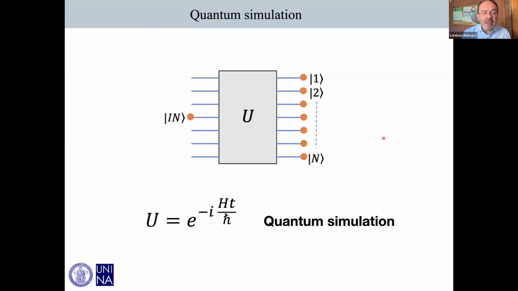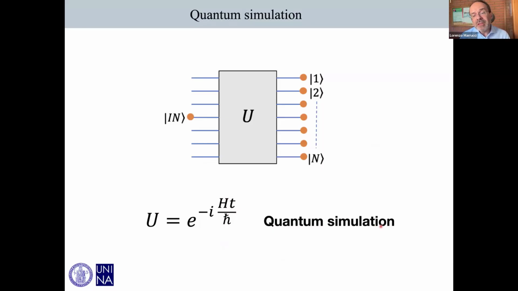We often describe this unitary matrix as the result of a so-called quantum simulation. So essentially our matrix describes a physical system that is similar to a simple quantum system with a given Hamiltonian, so that our unitary matrix is the exponential of that Hamiltonian.